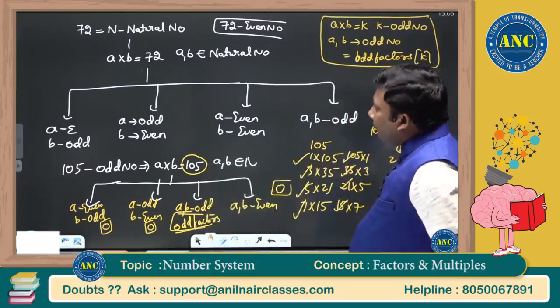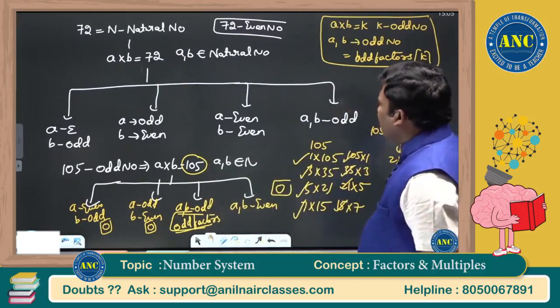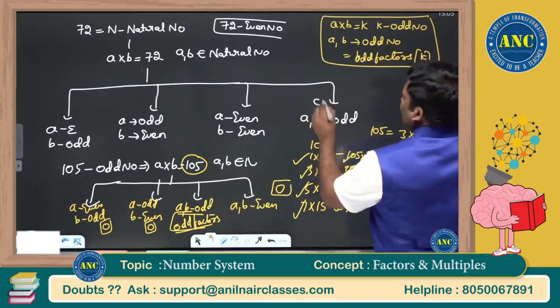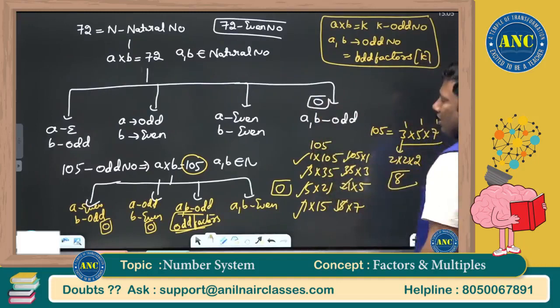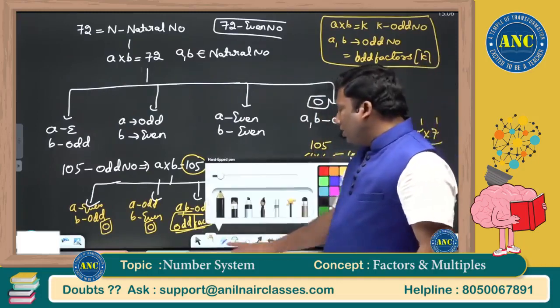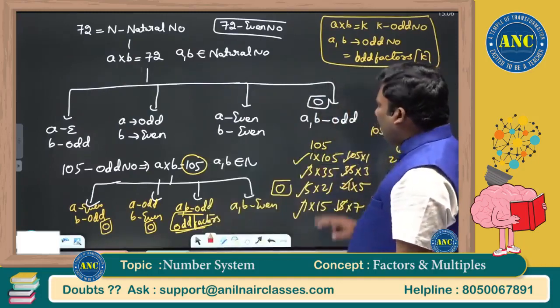Now see here. A into B is 72. 72, it is even. Odd into odd, it will be an odd number. This is 0. Next one.